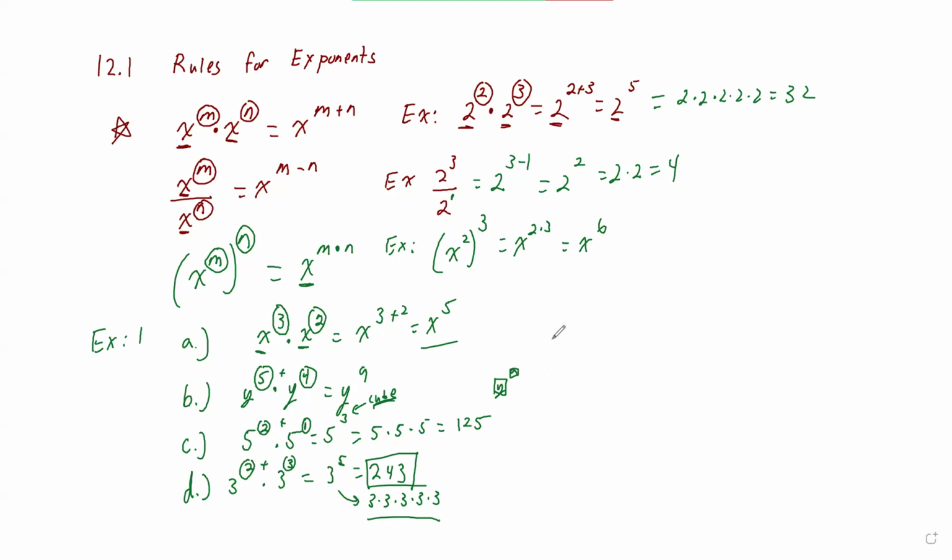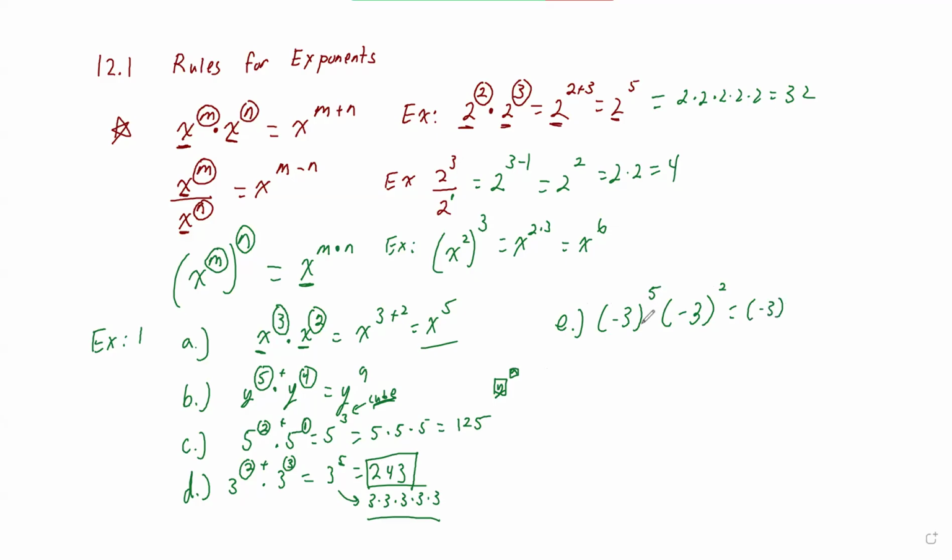So let's do one more in this situation. Part E, -3 to the 5th power times -3 to the 2nd power. All right. Yeah, so you're still multiplying.